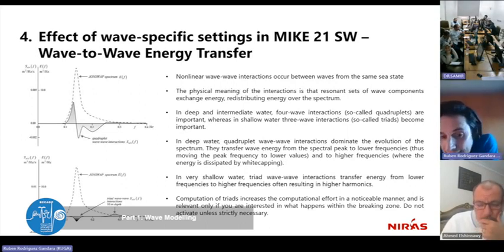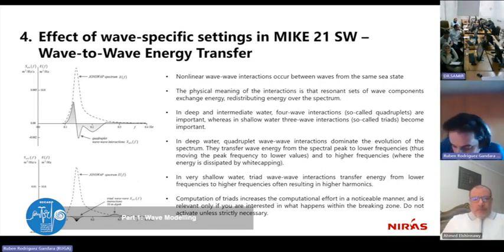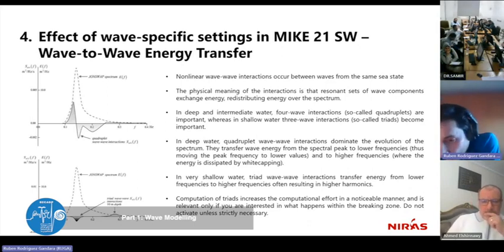And second is that it takes ages to compute the triads, whereas the quadruplets are extremely fast to compute. If you do a test in MIKE with and without triads, the main thing that you will see, especially if you have a very shallow area in your mesh, where the model has to struggle with very little water level, is that your computational time just rocks.